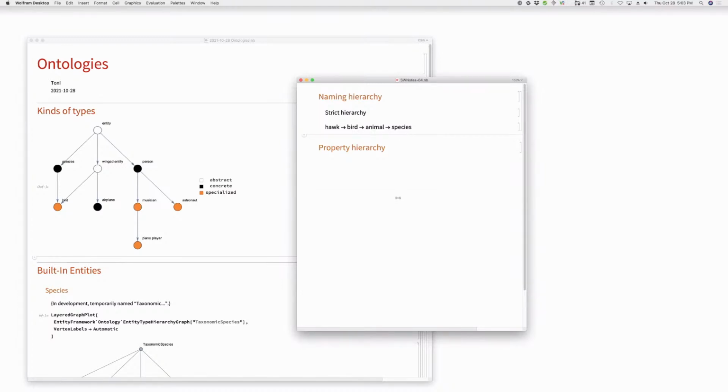So for a given type, there is a list of types from which it can inherit properties, otherwise known as membership of those types. Some of those types will be part of the naming hierarchy, some of them are not. Is this making sense? Yes.